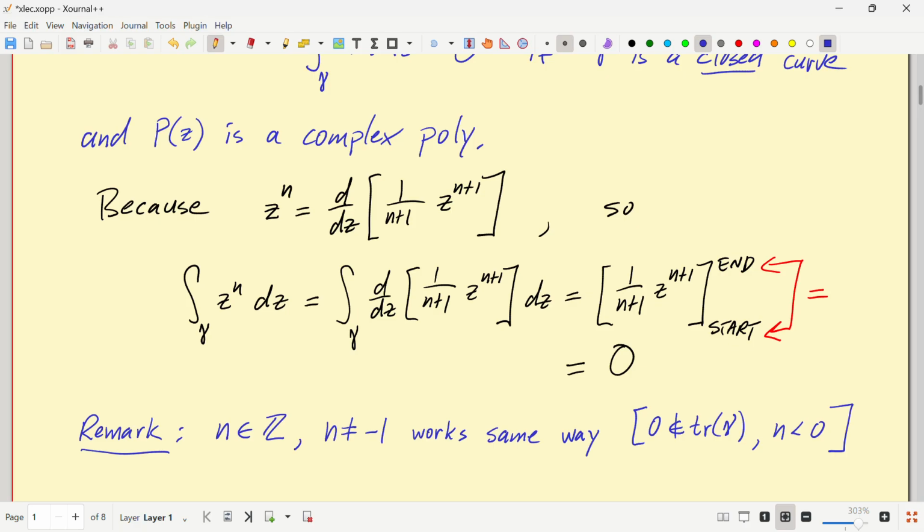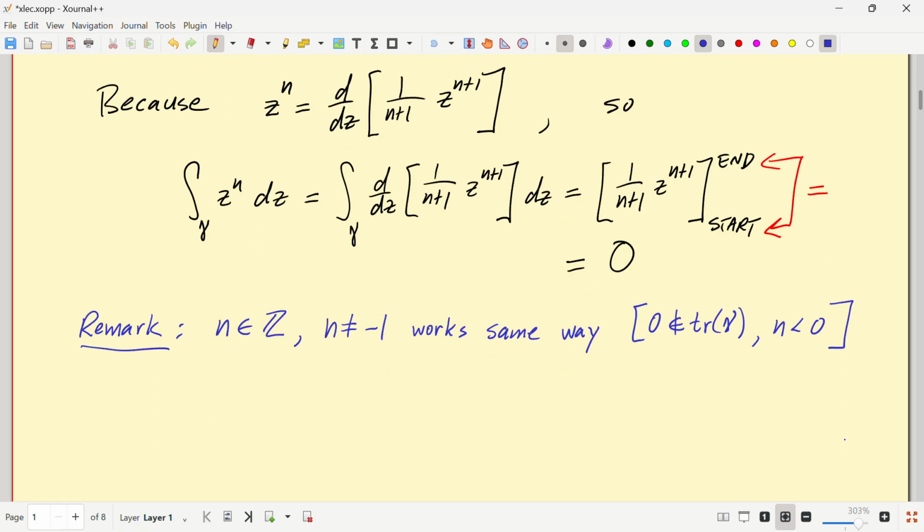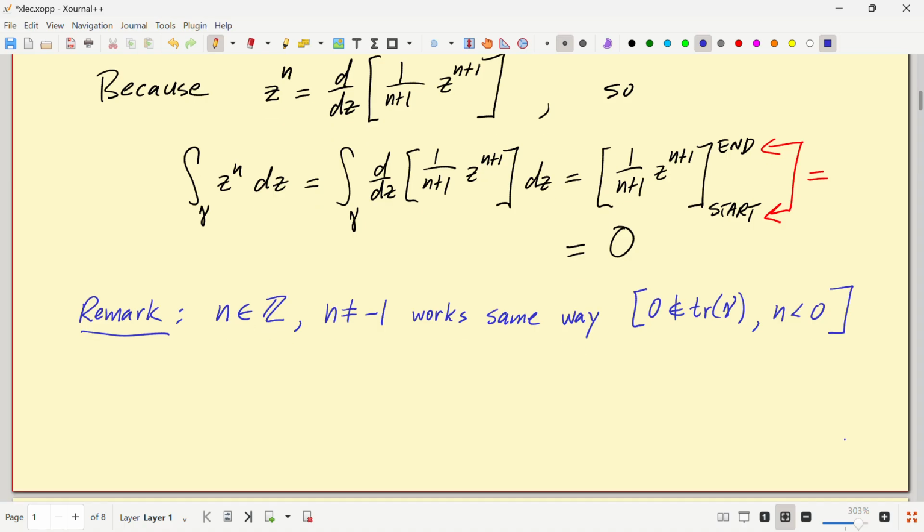Same proof. Well, in particular, if something is analytic, then it's very well approximated by az plus b. So note, the integral around a closed contour of az plus b is in particular 0 when gamma is closed.